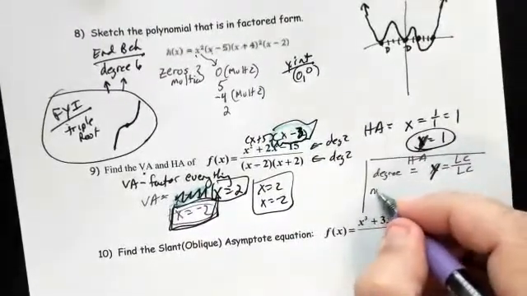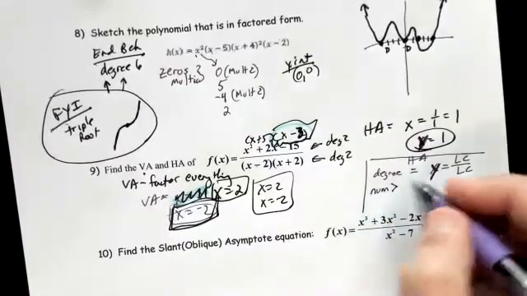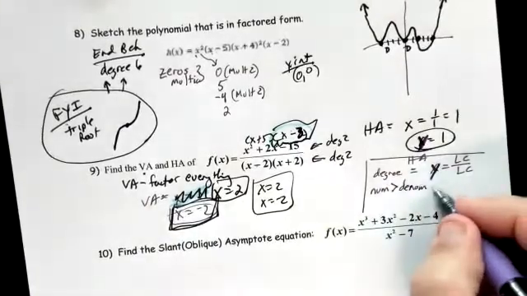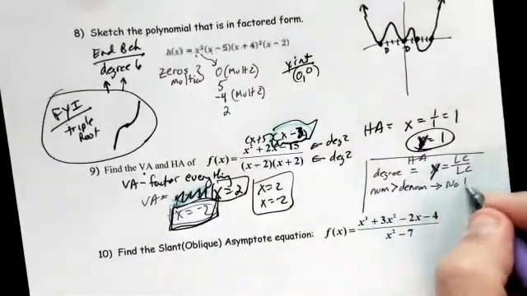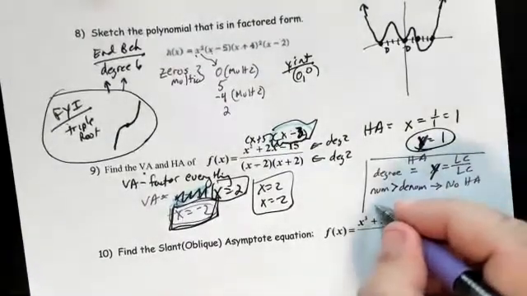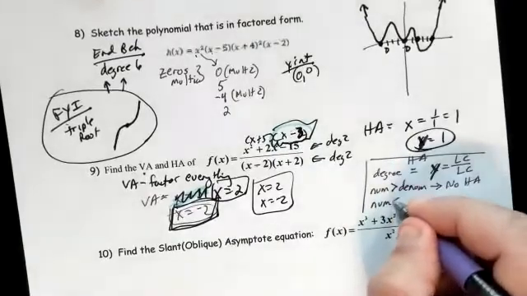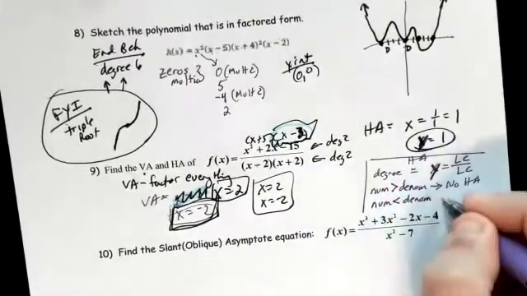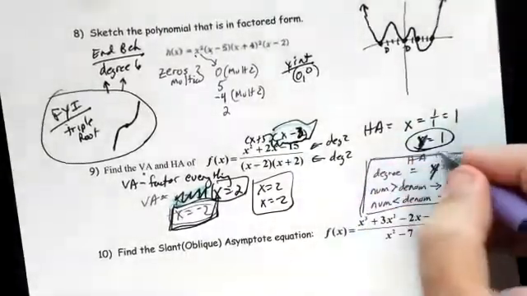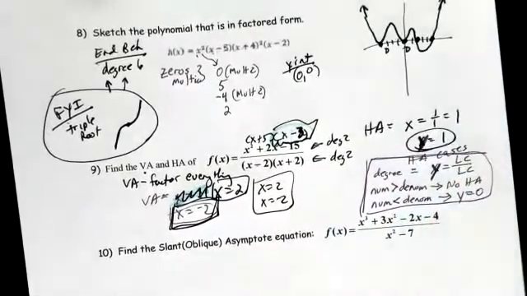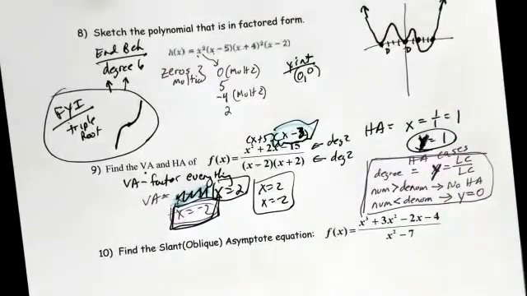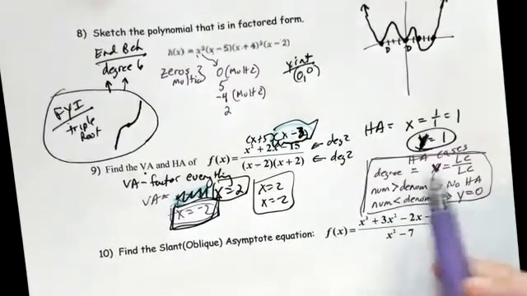If the numerator degree is greater than the denominator degree, these are in your notes somewhere, you should have no horizontal asymptote. And if the numerator is less than the denominator, you're going to have y is equal to 0. Those are the three cases.